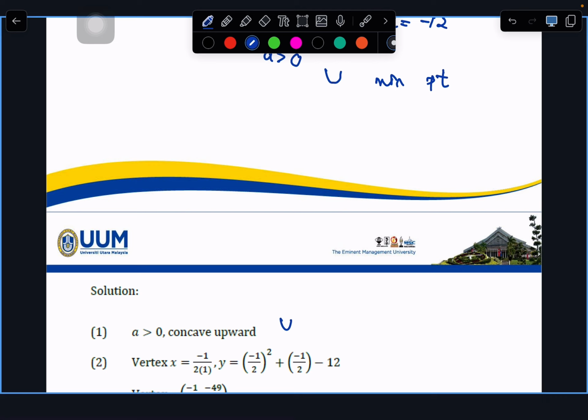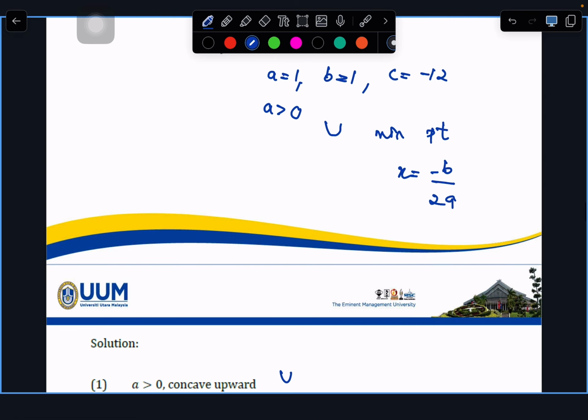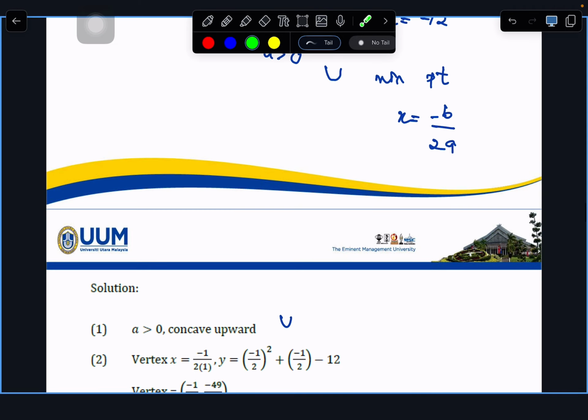To find the minimum point, we need to use this formula: x equals negative b over 2a. That's why just now I asked you to label what is a, what is b, what is c, because I want to use this one. So x equals negative b over 2a. Can you see down here?